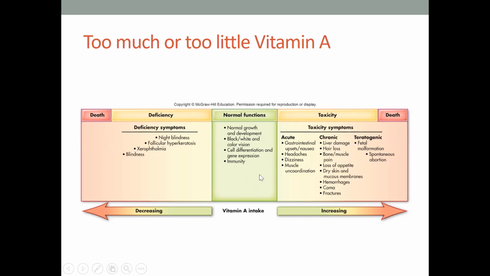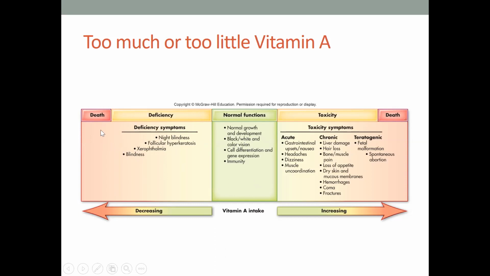We want it to help with cell differentiation and gene expression and help our immune system. If we are deficient, if our intake starts to decrease, then we have all these problems that we already talked about. Worst case scenario, a true deficiency over time is so serious that it could actually cause death.